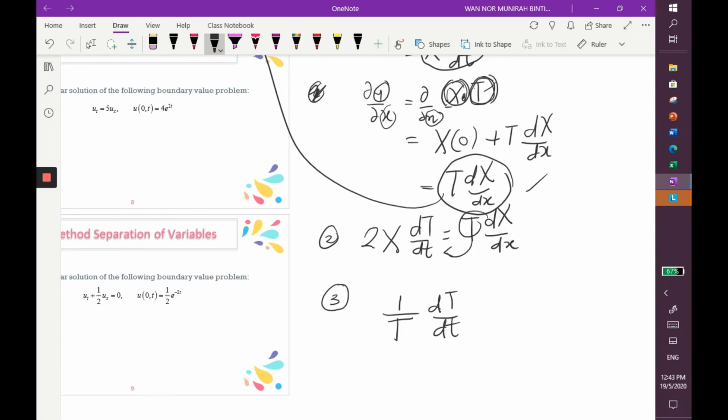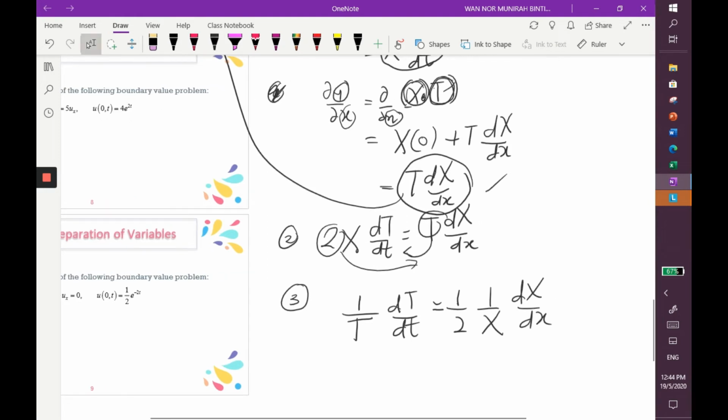I want to keep t on my left, x on my right. So I just do like this, and then equals to, I bring 2, a constant, to my right, half 1 over x dx dx. Okay, so the variables are already separated.